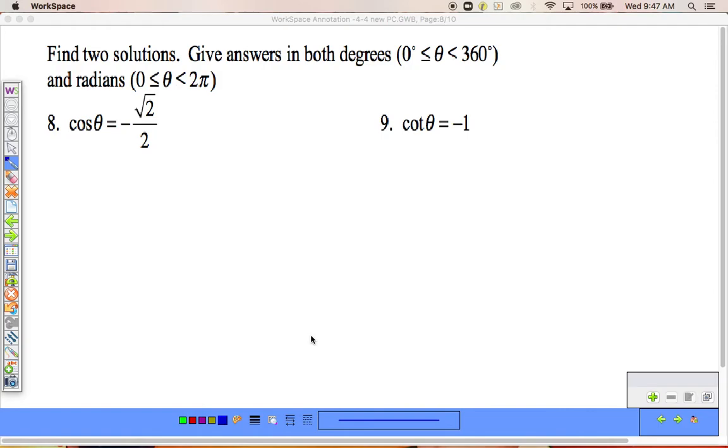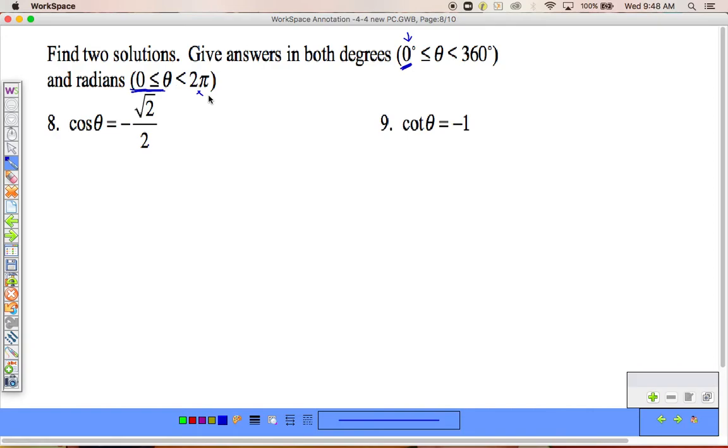I want degrees and radians. I want my degrees between 0 and 360, where 0 is a good answer. So if it rotates all the way to the right side, you tell me 0, not 360. And between 0 and 2 pi radians, where 0 is a good answer, 2 pi isn't. So if you rotate all the way around again, tell me 0, not 2 pi.